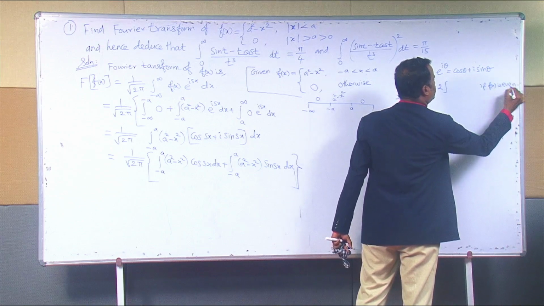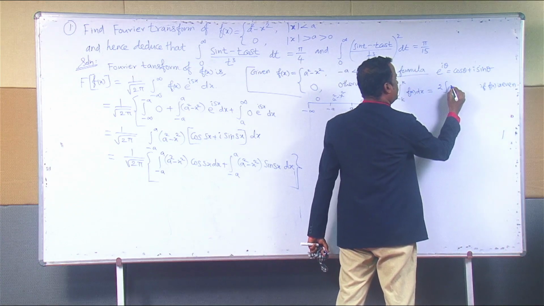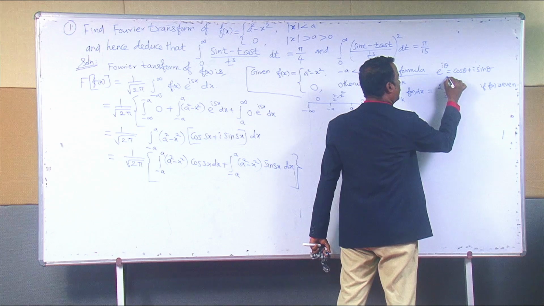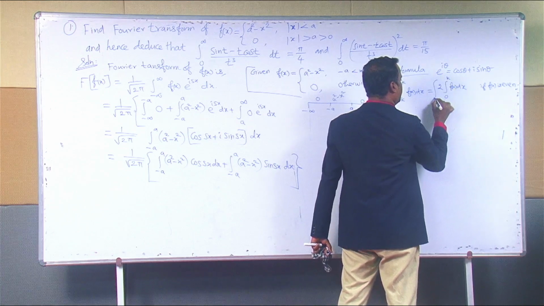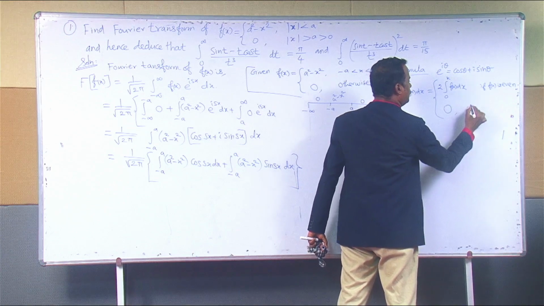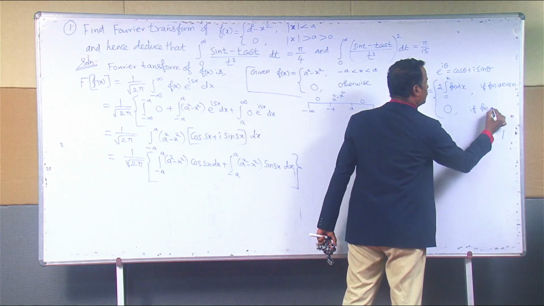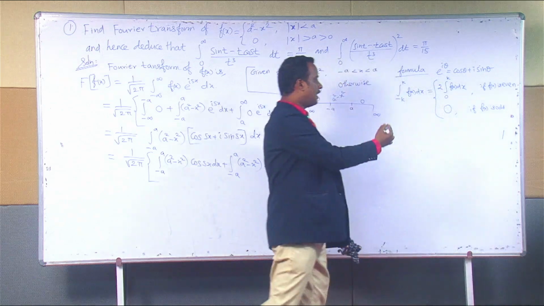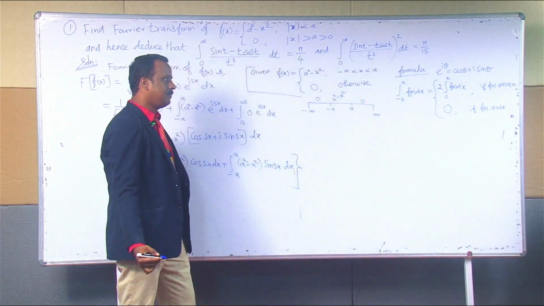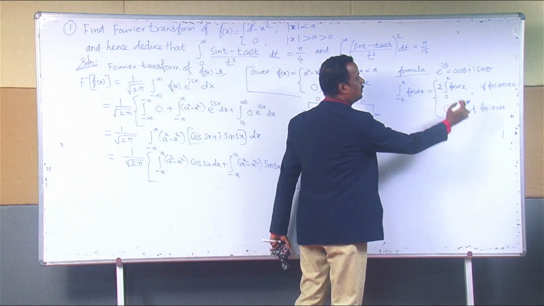If f of x is an even function, we can write it as 2 into integral 0 to k f of x dx. It is 0 if f of x is an odd function. If f of x is odd, then the value of the integral is 0. If f of x is an even function, then the value of the integral is 2 times the integral 0 to k of f of x dx.